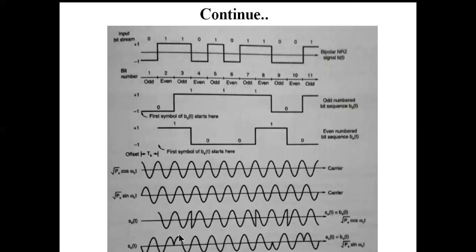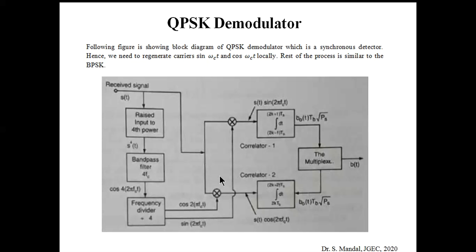For 1, no phase shift, that means same carrier up to this, but here 0, that means a phase shift will happen, and it will continue up to this, and then again 1, that means another phase shift, and 0 another phase shift. So this one is the even part, this one is the odd part, and if we add them, we get the ultimate QPSK. I hope QPSK generation is clear to you.